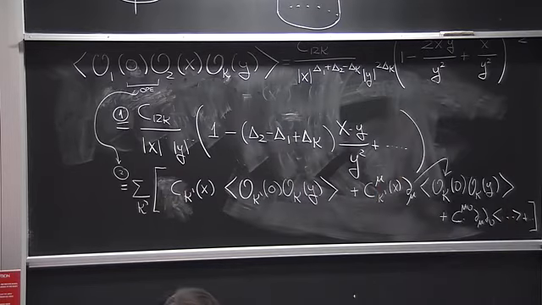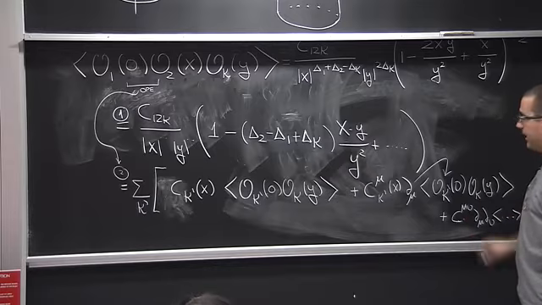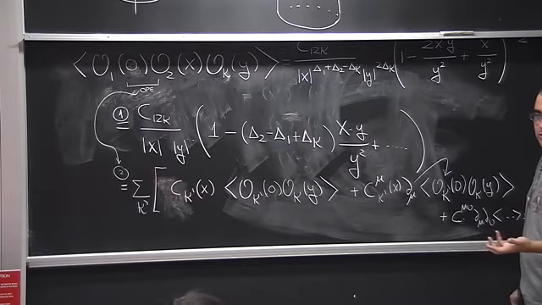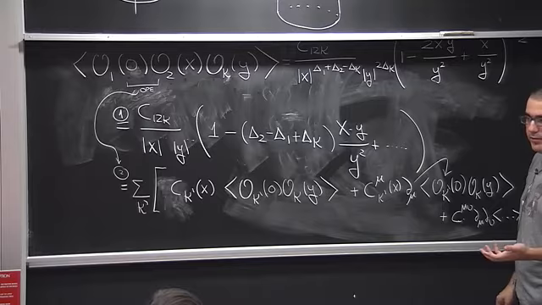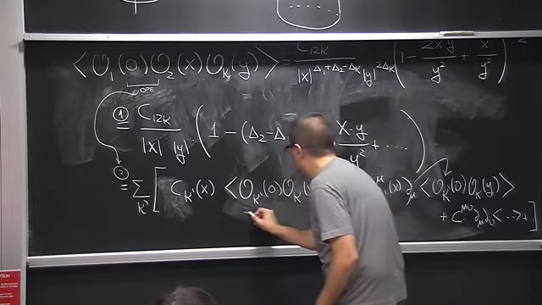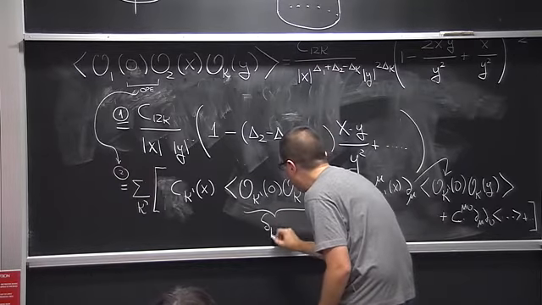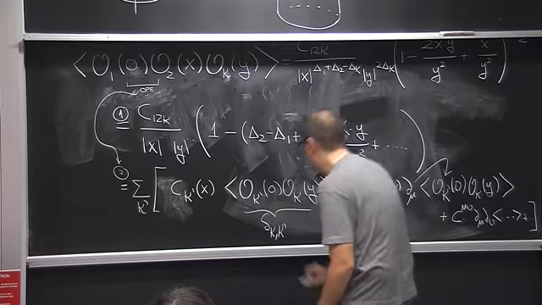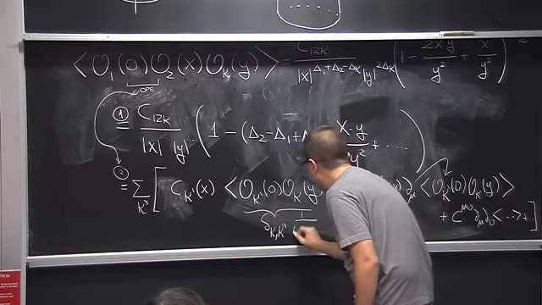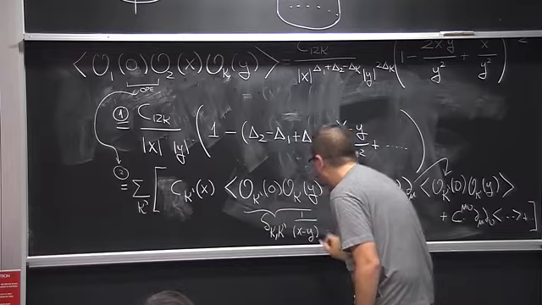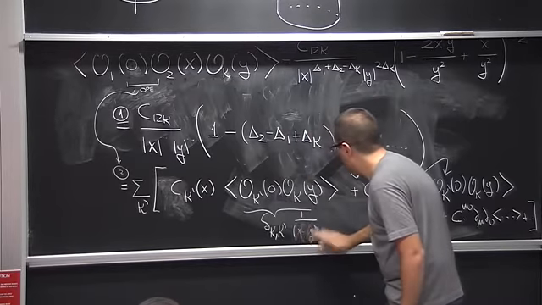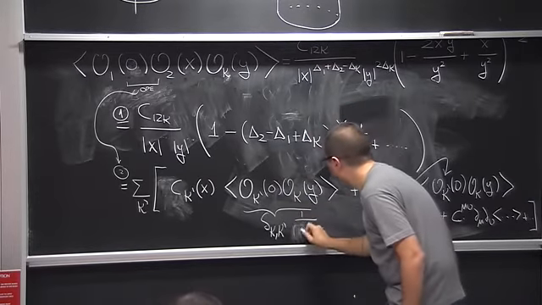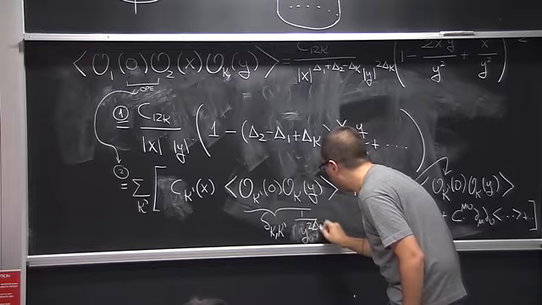Do you agree? But now, each of these correlators between k prime and k is 0 unless k is equal to k prime, unless you have the same primary. So this thing here is delta k prime, they must be equal, times 1 over y to the power 2 delta k.